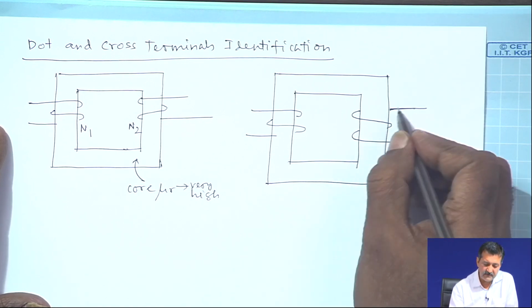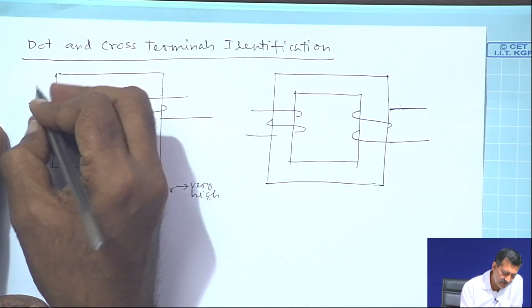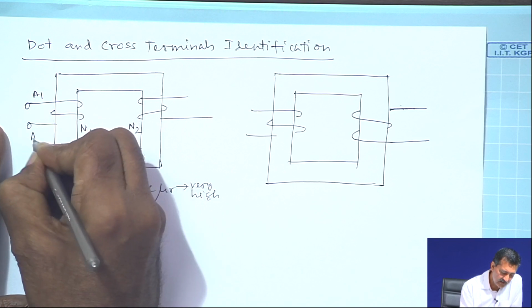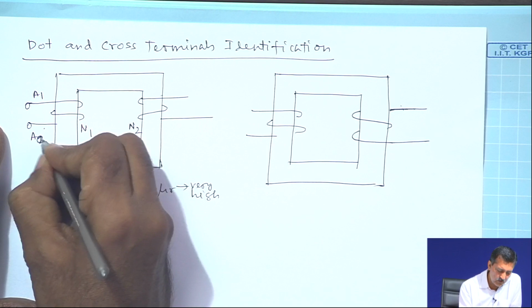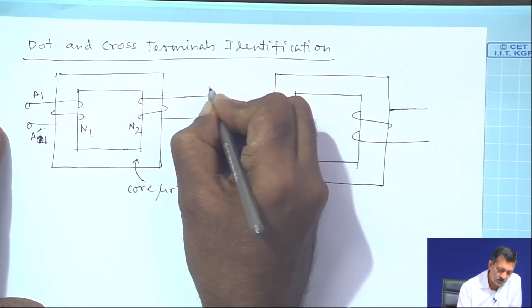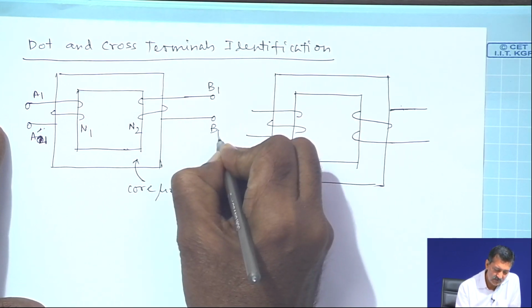First observe the secondary, let us give some names. Let us call these terminals A1 and A1 dash, and this we call B1 and B1 dash.